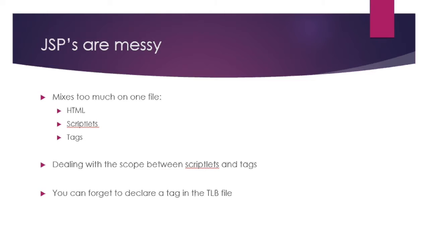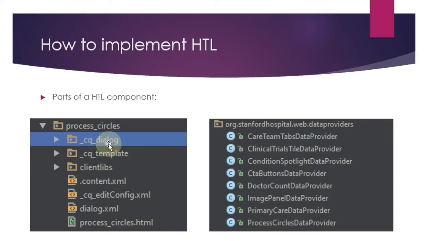Now let's look at the parts of a Sightly component. On a Sightly component, we have a few different things. We have the dialogs right there and right here, just the stuff the user will interact with when they author it on the page. We have the client libs, which is where the CSS and the JavaScript live. And then we have the HTML code. This HTML file is where we would write the Sightly.